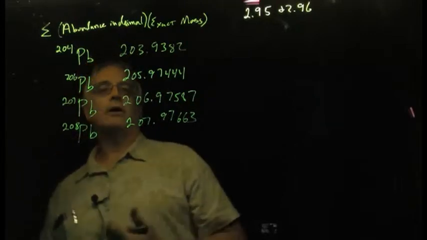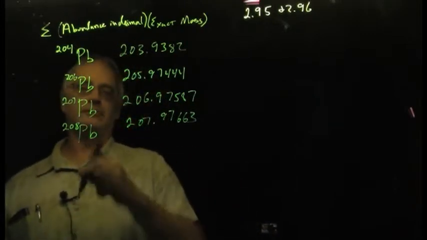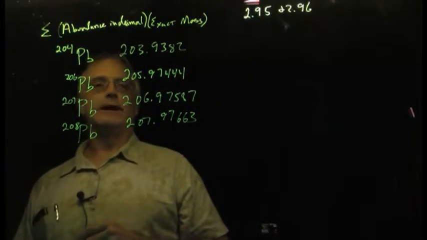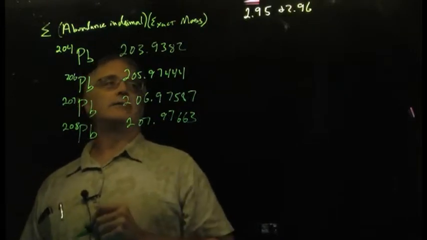So here are all 4 of the isotopes with their mass number names and the exact masses.